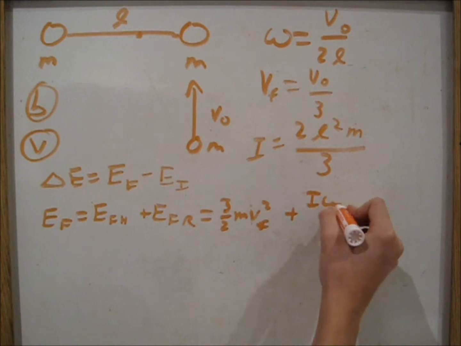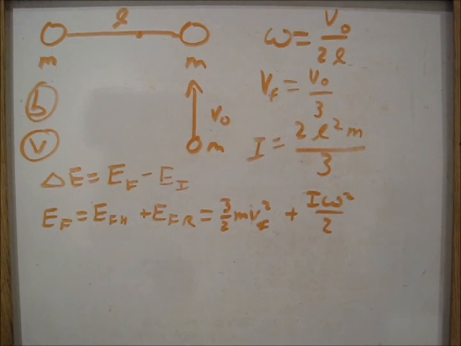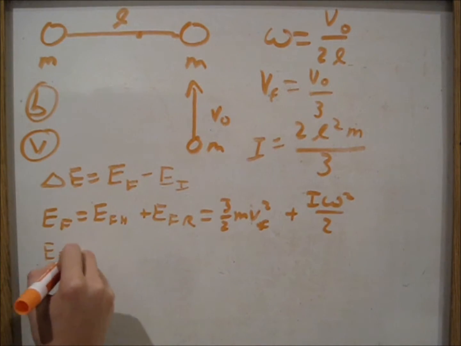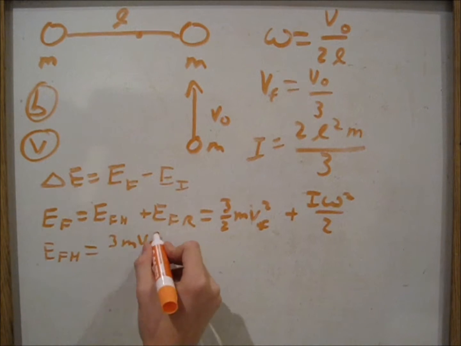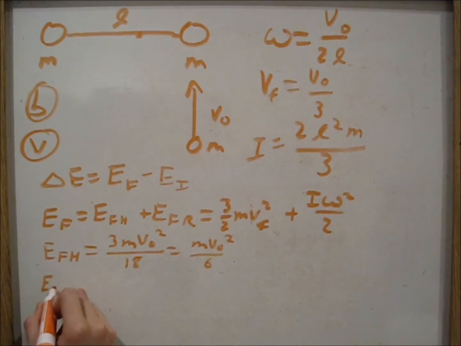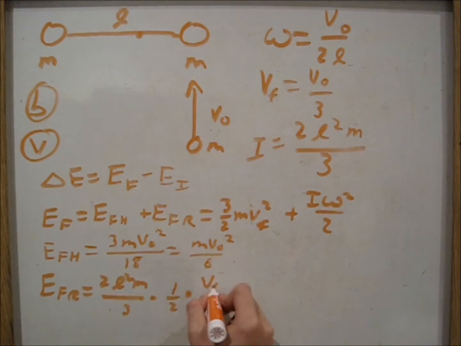Energy final is the sum of the final vertical energy found in part 1 of part A, now labeled EFH, and the final rotational energy, I omega squared over 2. Once you solve, EF should be mvo squared over 4.